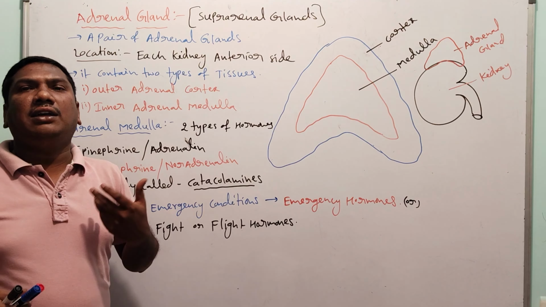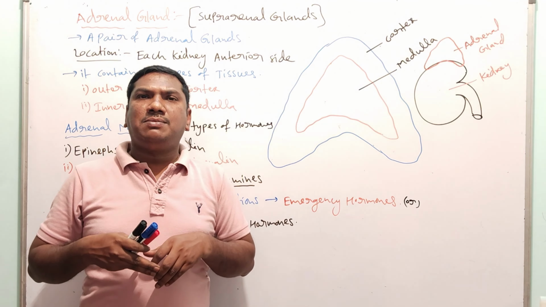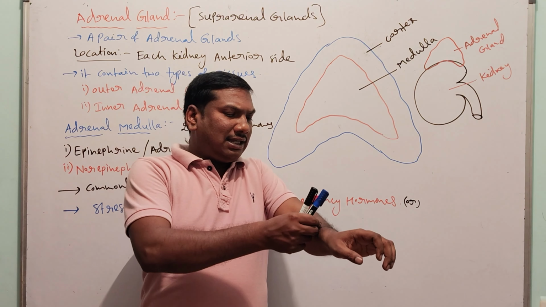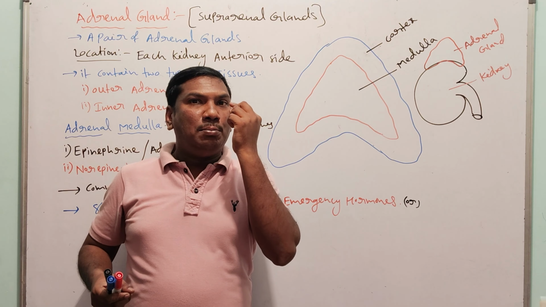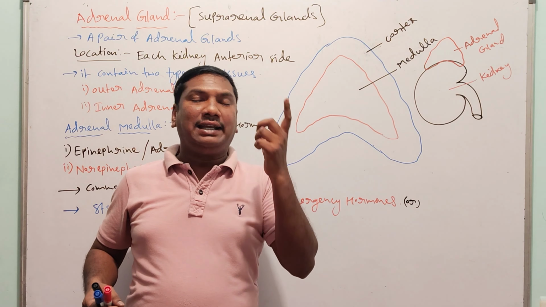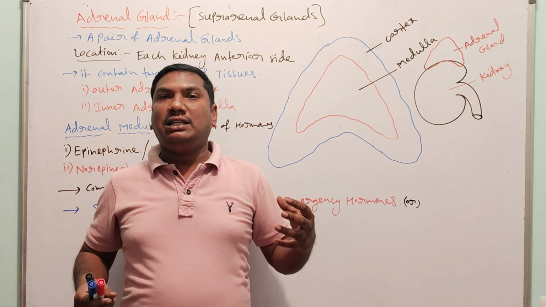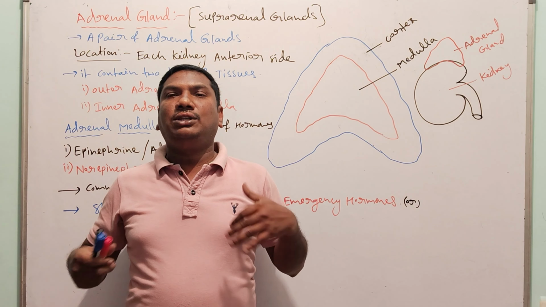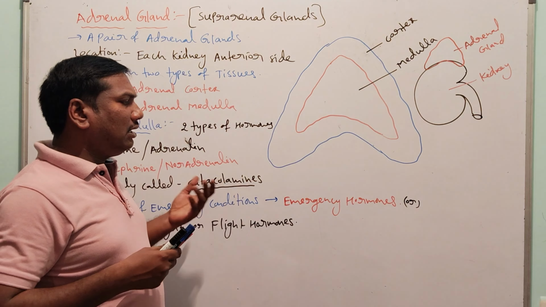With these hormones, the symptoms are piloerection, the erection of the hair, and pupil dilation, meaning the pupils of our eyes increase. Next, heartbeat increases, respiration increases, sweating, and shivering.